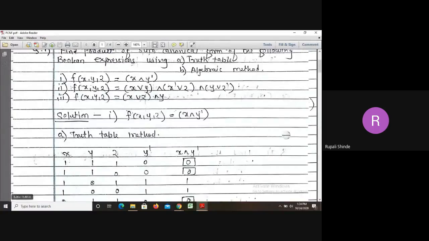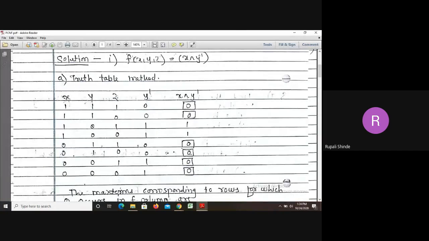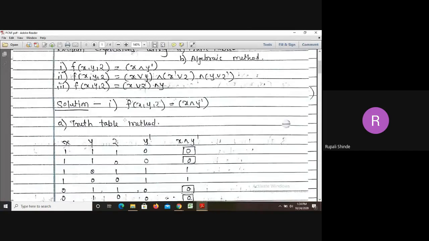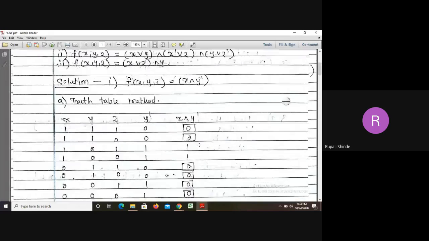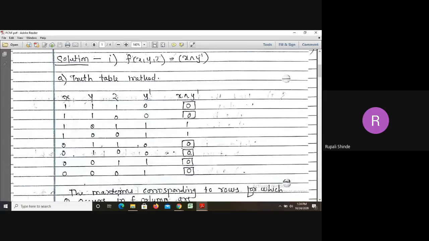Check here. These columns are x, y, z. Then the next one is y's complement, and the last one is x and y's complement. First we will build the truth table. For x, 4 ones and 4 zeros; then for y, 2 ones and 2 zeros; likewise for z, 1 0, 1 0.